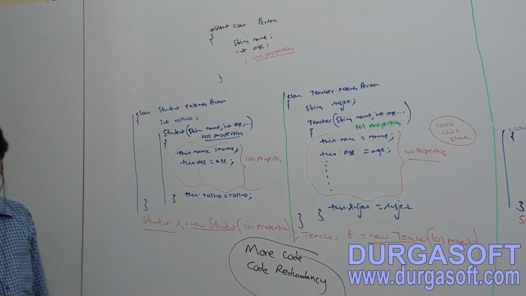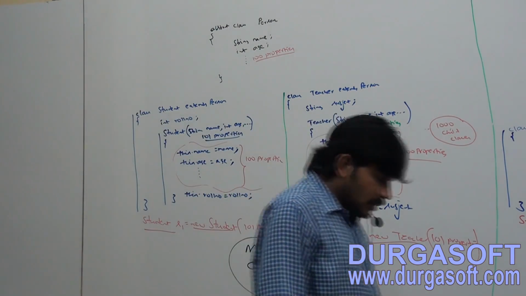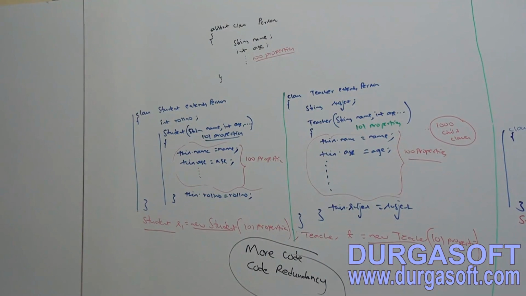Yes, so take this code. It is not that easy a thing; you have to take it clearly. Abstract class Person, total 100 properties are there.